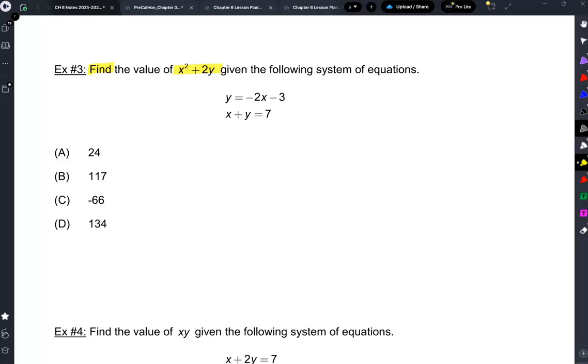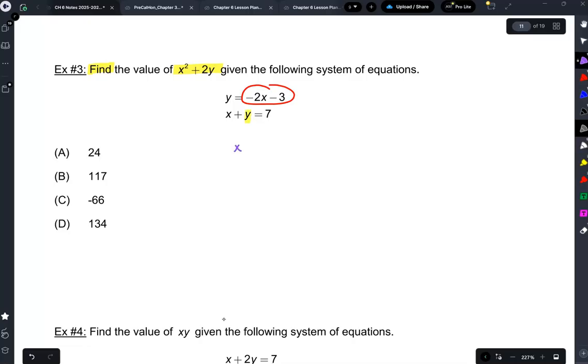So look at this one. This one has y equals something. Whenever you have that, y equals something or x equals something, it's a good one for substitution, okay? So y equals this. Let's substitute that in here.